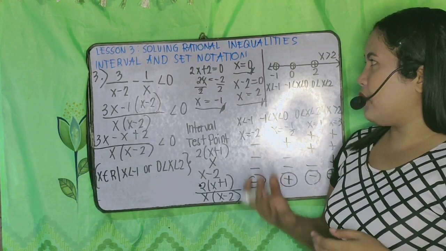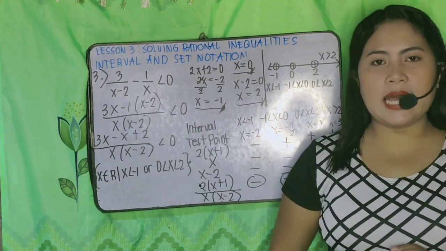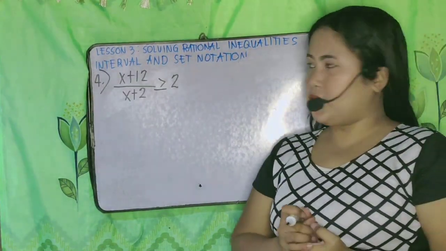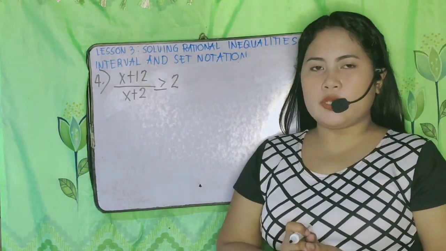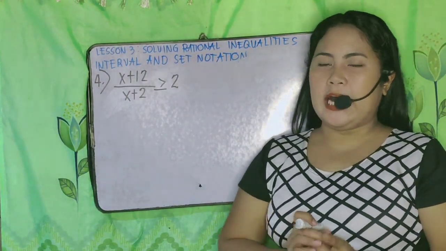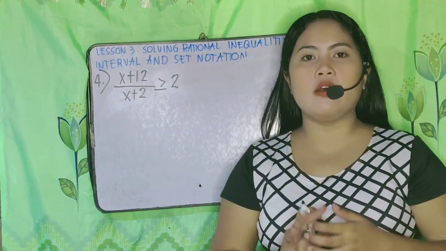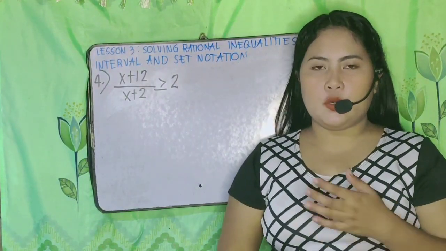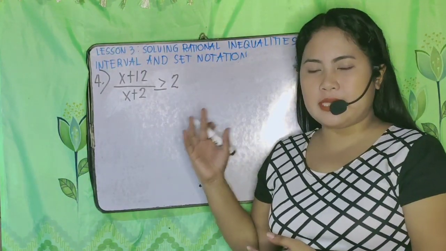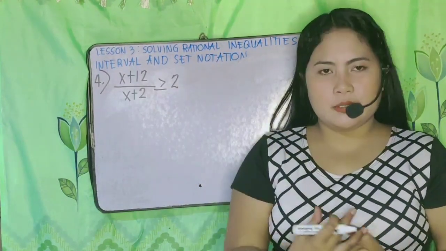Let's proceed to example number 4. Dito po, tuturuan ko kayo kung ano yung isang way para hindi tayo gumamit ng sign table pero tama pa rin yung sagot natin or mapupunta pa rin tayo sa final answer or the solution set.